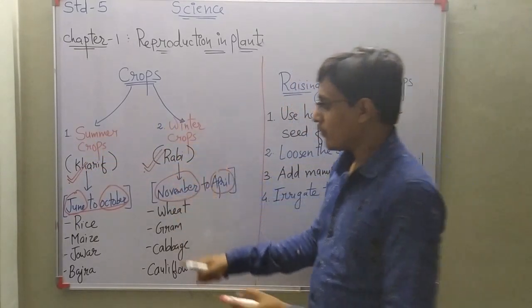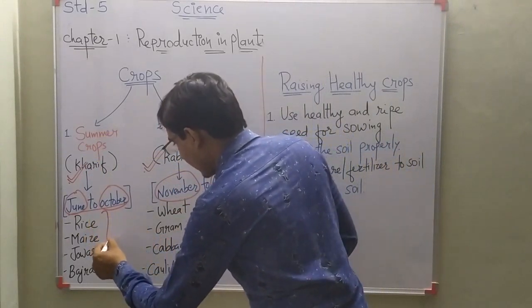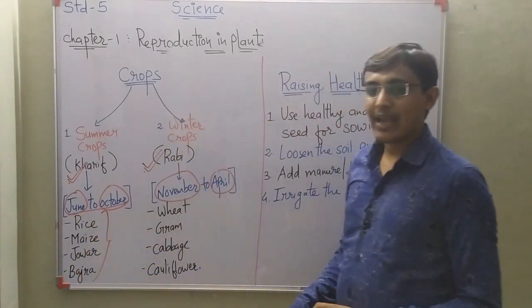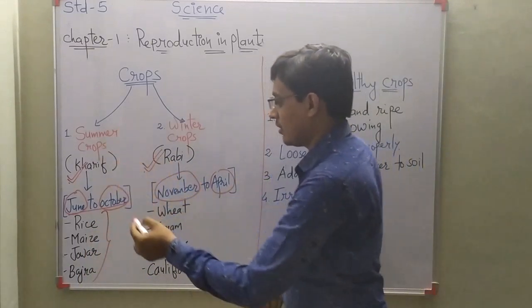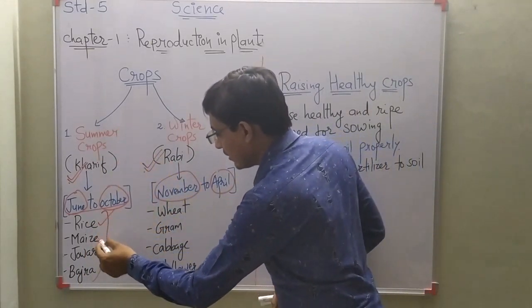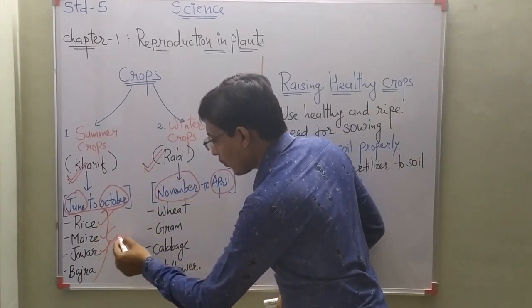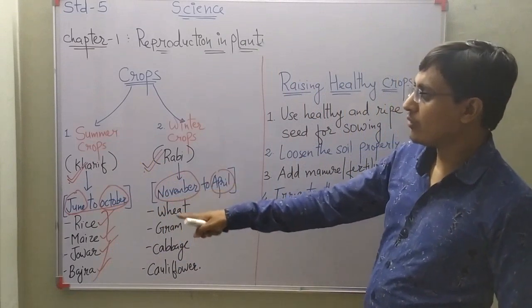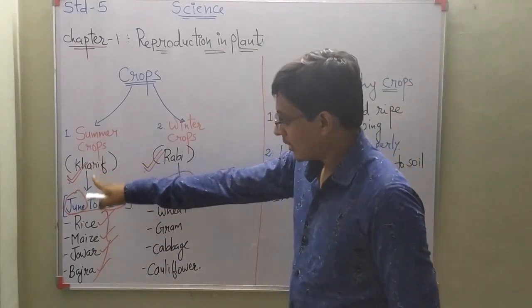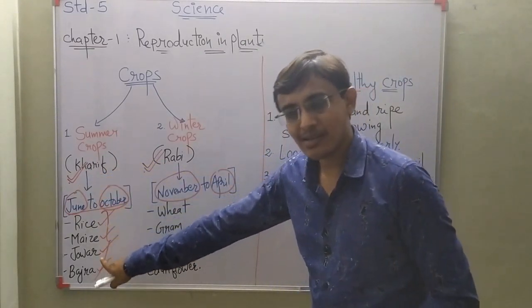If a question is asked in your test or exam, give examples of the crops that are grown in summer, then you have to write rice, maize, jowar, bajra, etc. If someone asks you to give examples of the kharif crop, then the answer is the same.